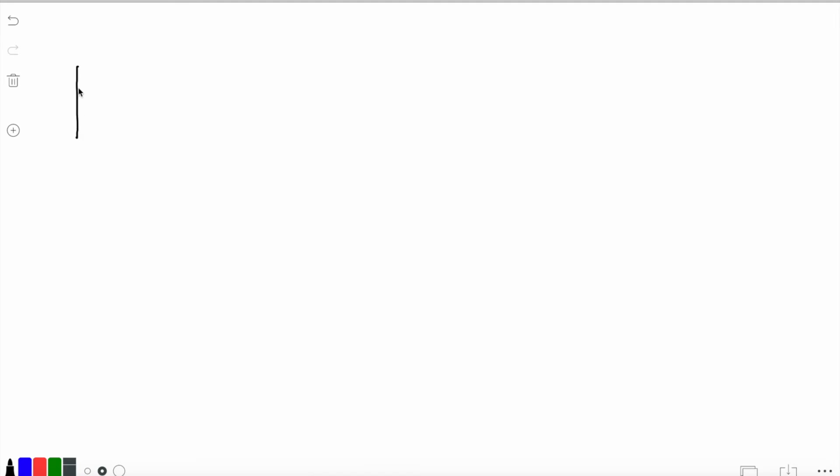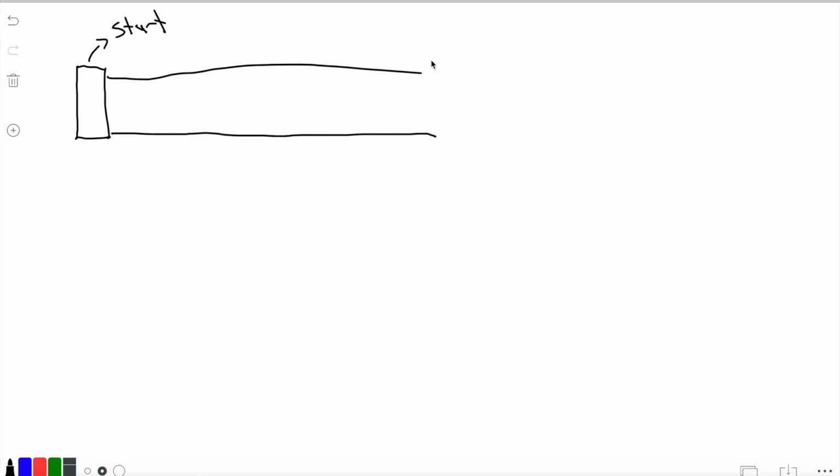Let's say we have someone running a marathon. So what we have is a start position, and we have our lane, which is what they're running on. And then we have a finish position.